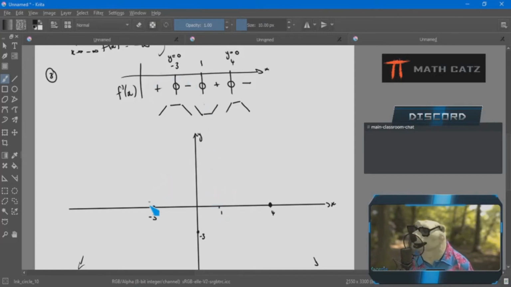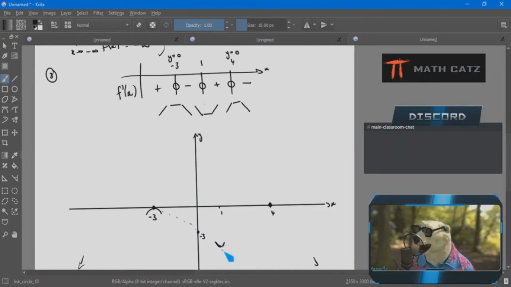Okay, so the step 3 information tells me that I'm making a little crest as I pass through -3. At 1, don't know. I'm making a little cup, which if I'm going to go down through this y-intercept, it's going to have to sit below it. So I'm going to put that point somewhere over here.